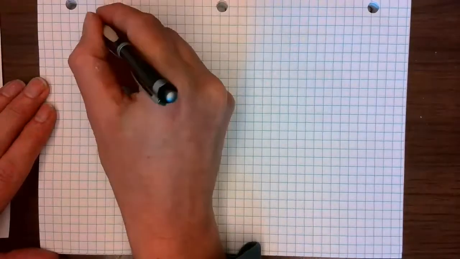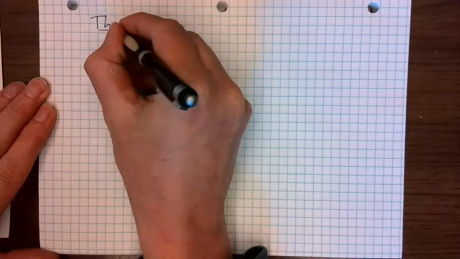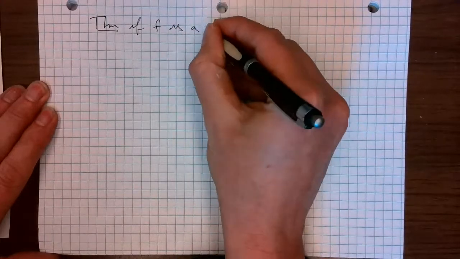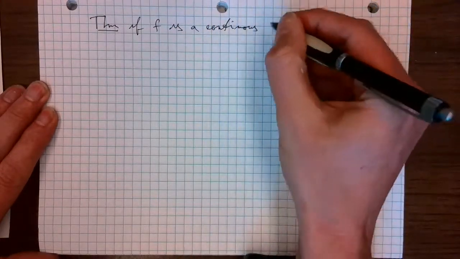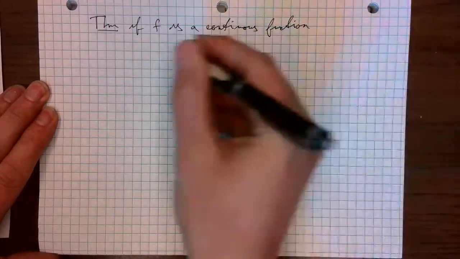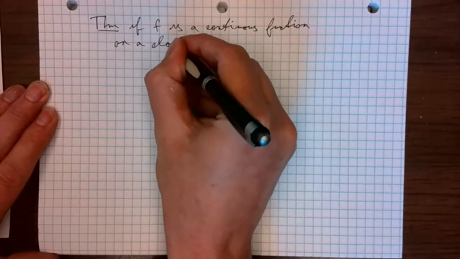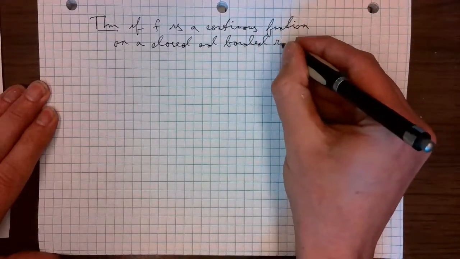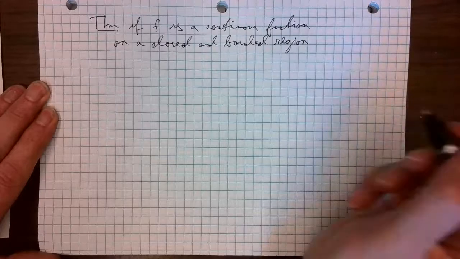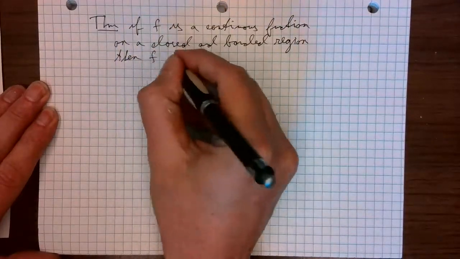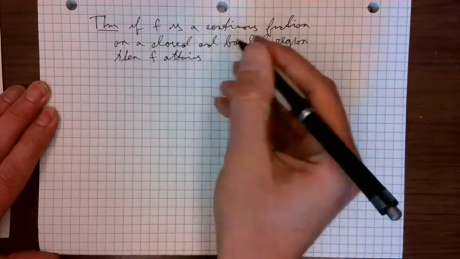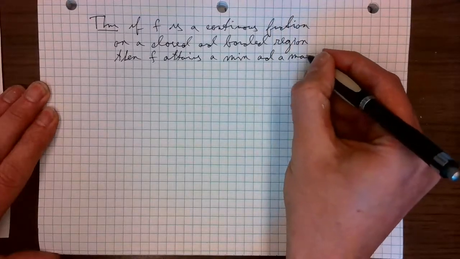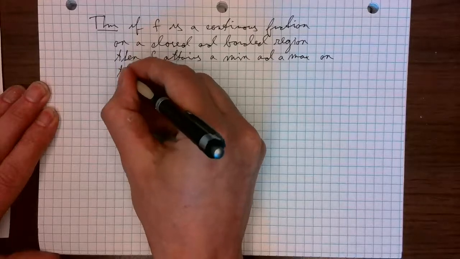There is a theorem that says that if f is a continuous function on a closed and bounded region, then f attains a minimum and maximum on the region.